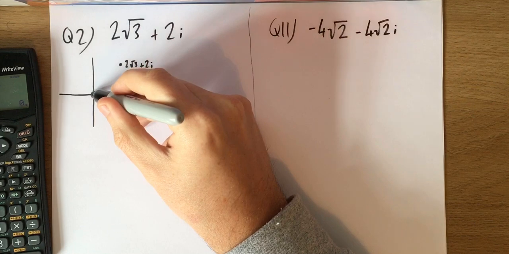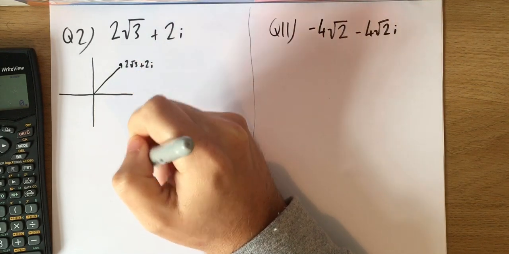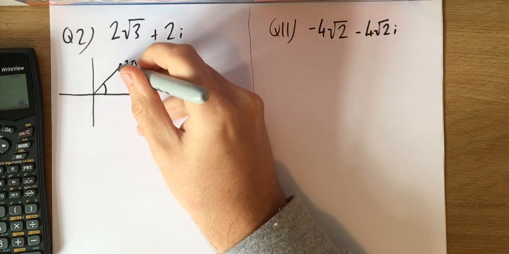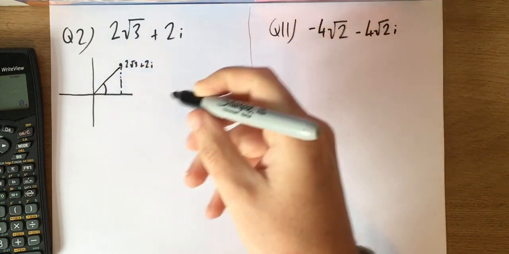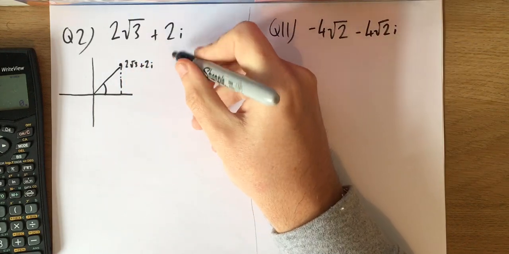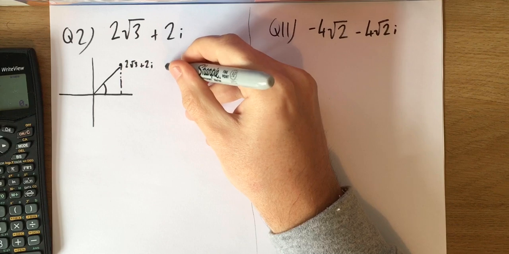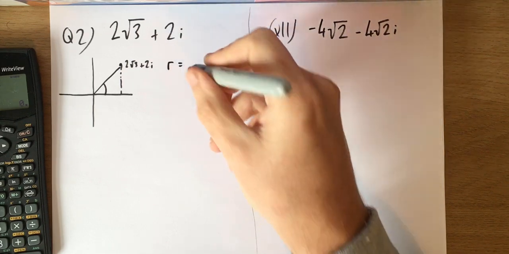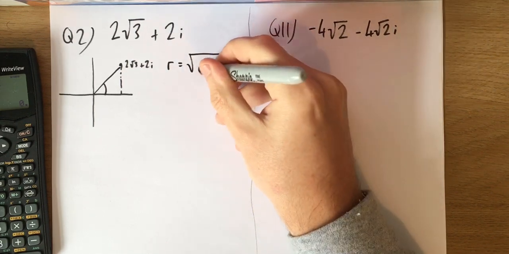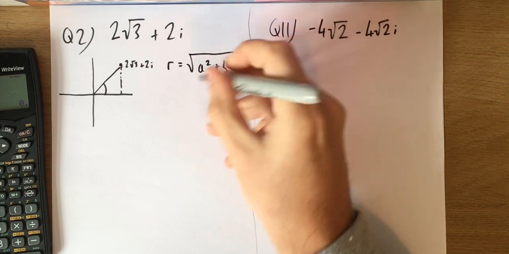So I need to get the modulus and I need to get that angle. First up, get the modulus, which in this case we call r. So r is equal to the square root of a squared plus b squared.